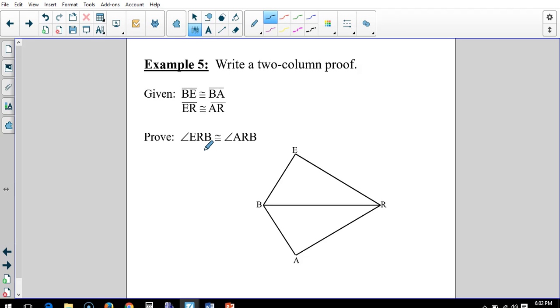Okay, example 5. BE is congruent to BA. ER is congruent to AR. Obviously, the side is congruent to itself. We're just going to do the same thing.